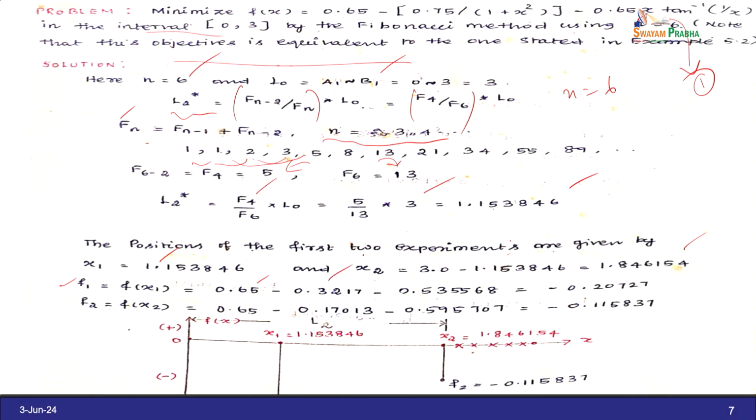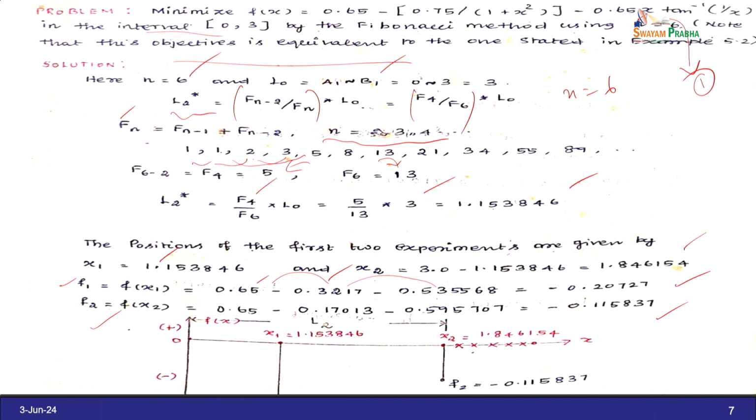So the value is 0.3217 minus 0.535568, and subtracting, we have 0.20727. And f2 equal to f of x2. x1 is already obtained, x2 also, so substitute it to get f of x2.